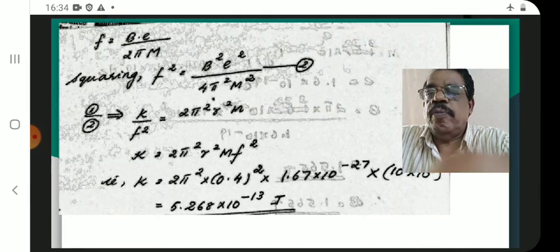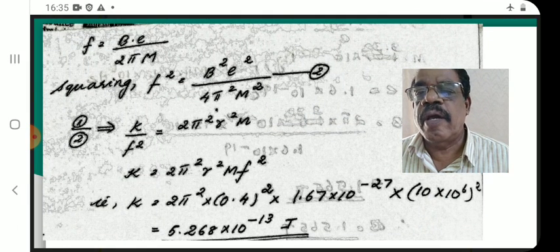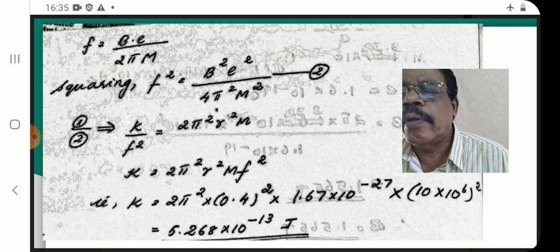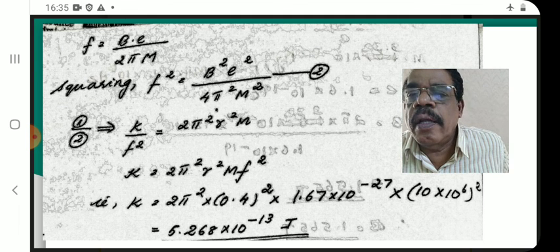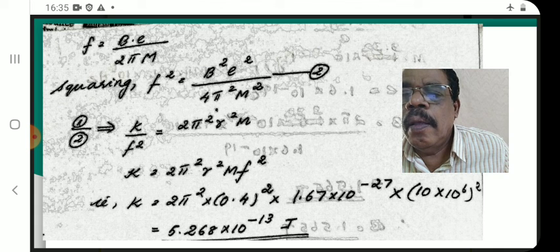So we write f is equal to B q by 2 pi m. Therefore f square is B square q square by 4 pi square m square. Therefore K by f square we get 2 pi square r square m.